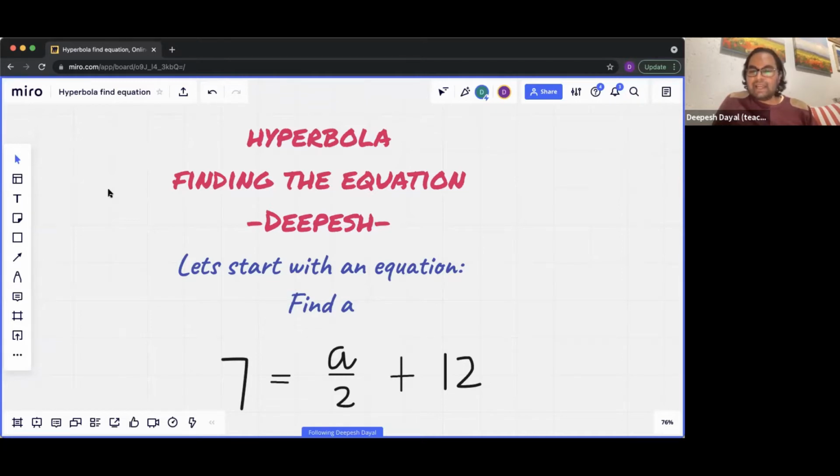So I'd like us to start the lesson today with an equation where we're going to find A. You're welcome to type in the chat and let me know what the answer for this particular equation is. This equation is going to help us with solving some of our questions today. Let's have a look. Find A. I see I've got some answers already in the chat.